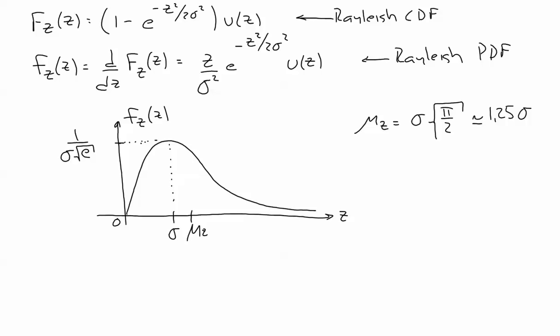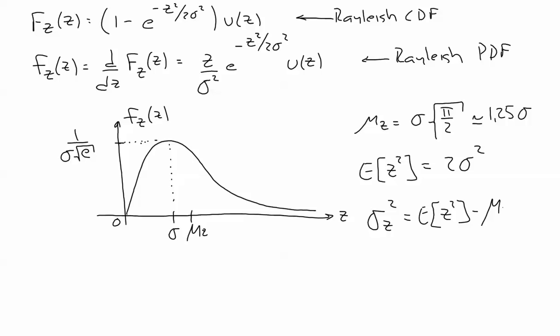For the Gaussian, we also saw this. The mean squared value is 2 sigma squared, and the variance is, this is from a long time ago, the mean squared value minus the square of the mean, and that is 2 minus pi over 2 sigma squared.